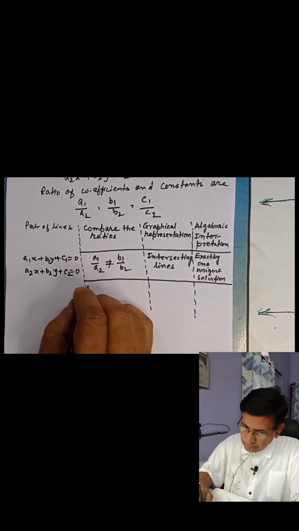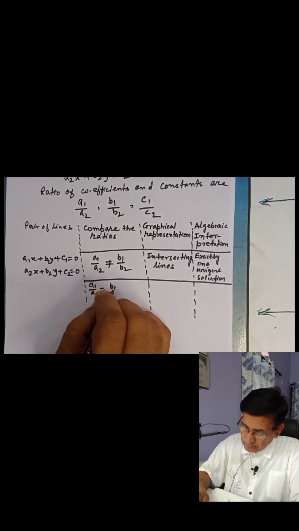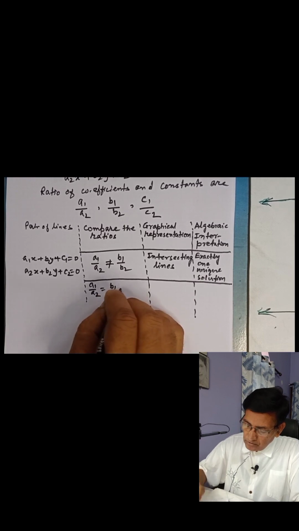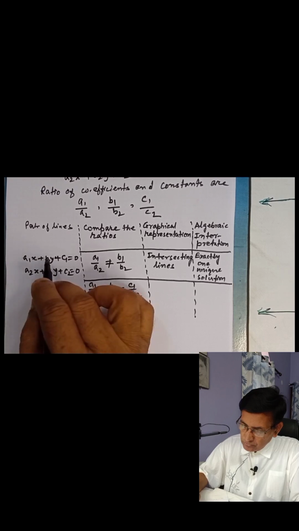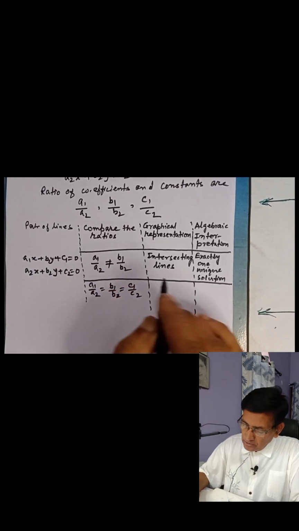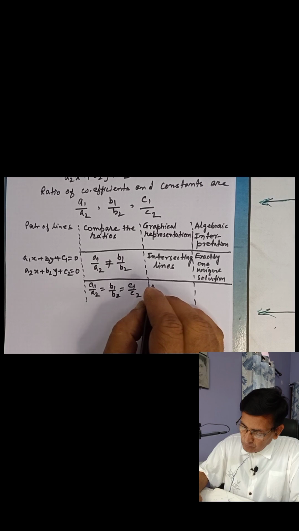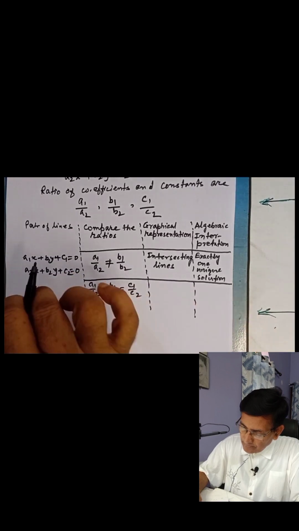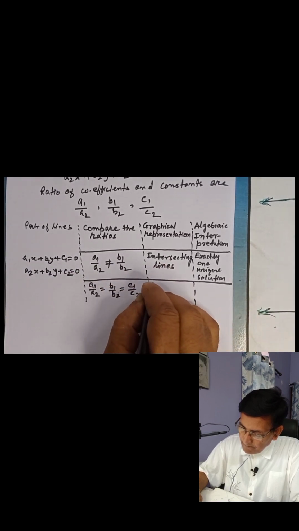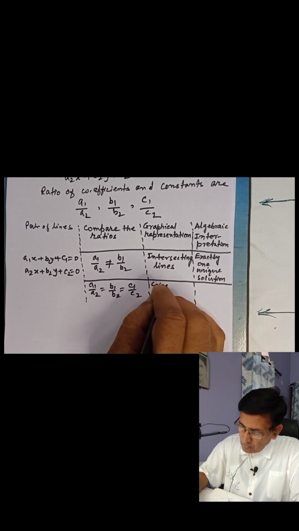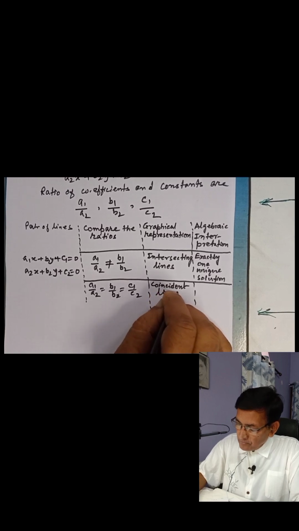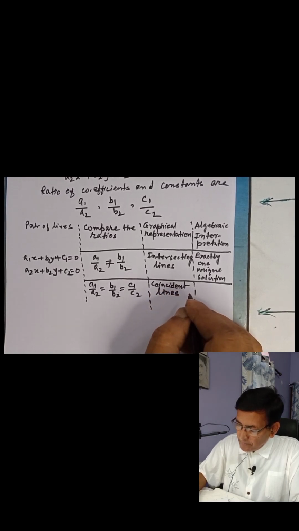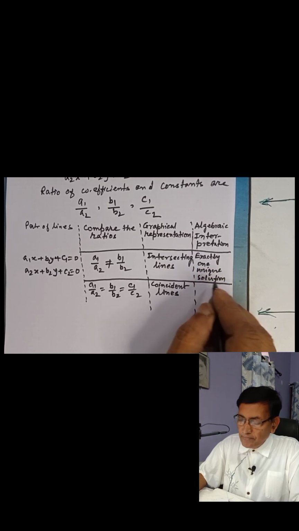Second case may be a1 by a2 is equal to b1 by b2 is equal to c1 by c2. Then the lines are coincident. When two lines are coincident, infinitely many solutions will be available.